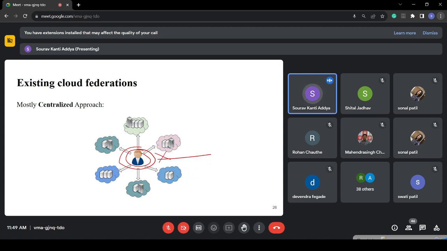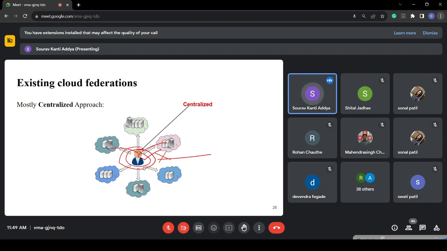Centralized failure will damage the entire ecosystem of this architecture. The broker can also be malicious toward certain service providers, and those providers can get more business compared to others in that architecture.